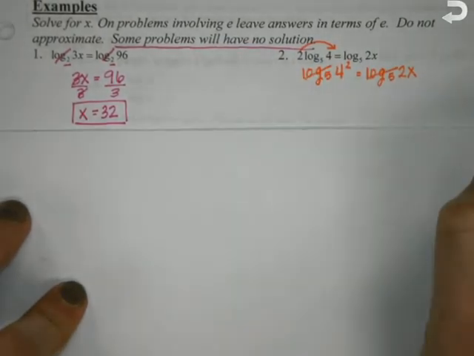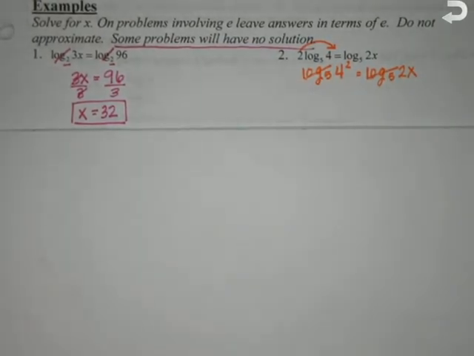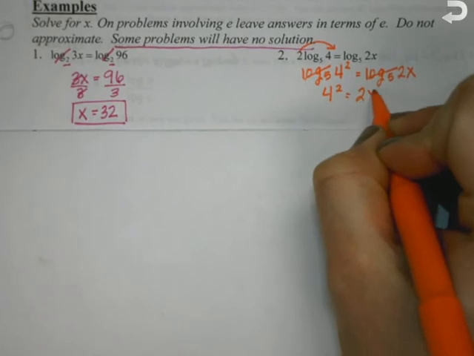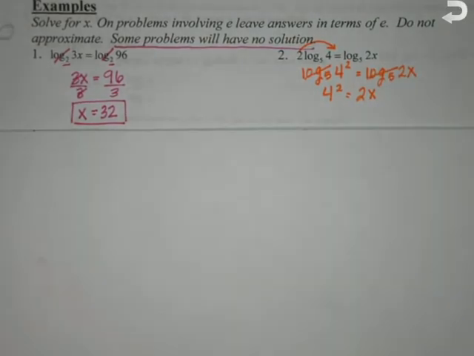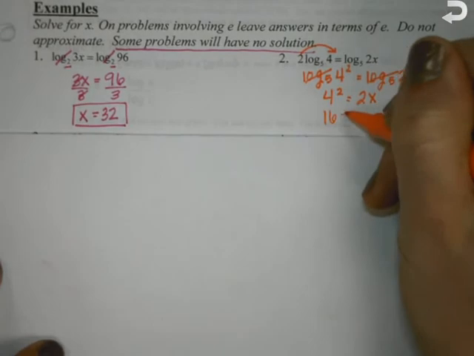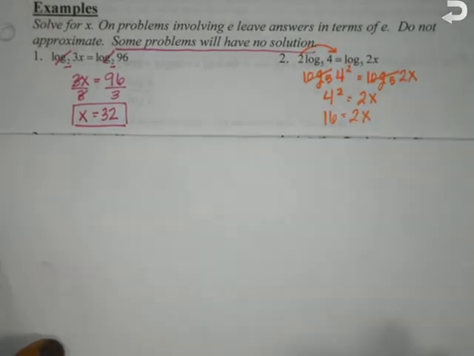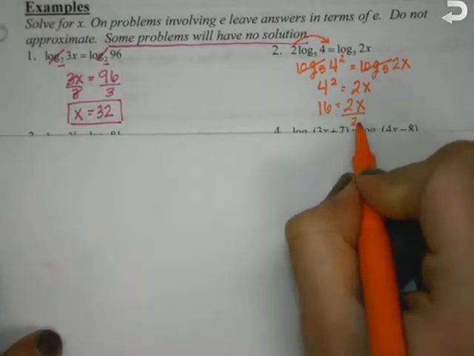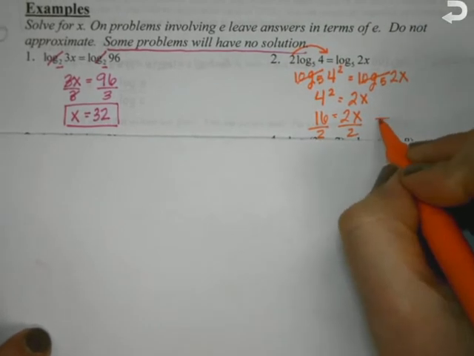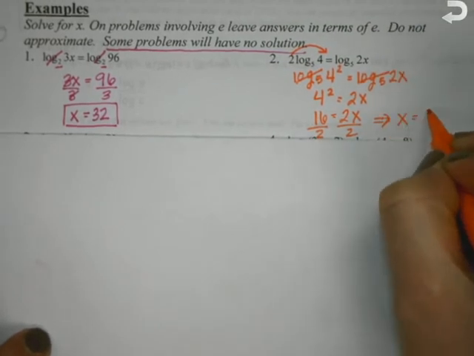Now remember, we're not dividing, we're just dropping the bases because they're the same. And we have 4 squared equals 2x. 4 squared is 16, so we have 16 equals 2x. Divide both sides by 2, so x equals 8. I'm a human, I make mistakes.